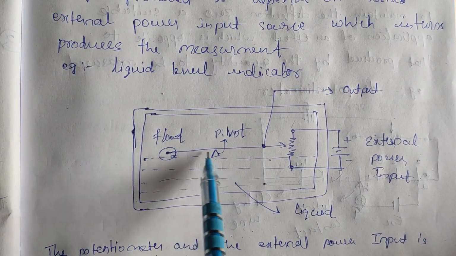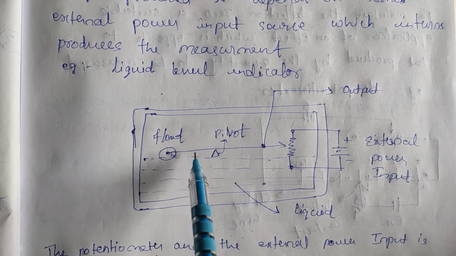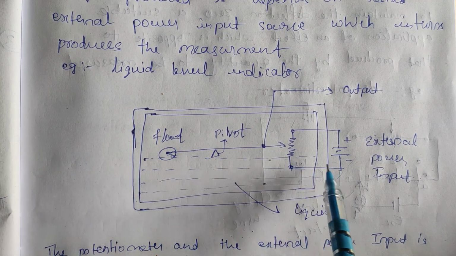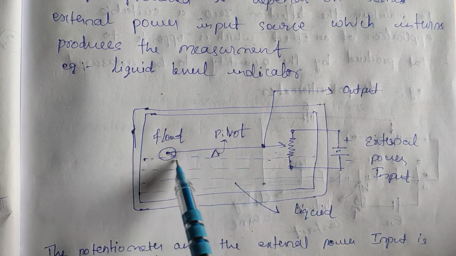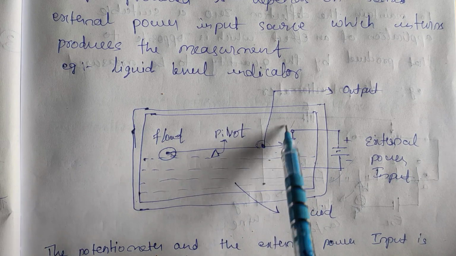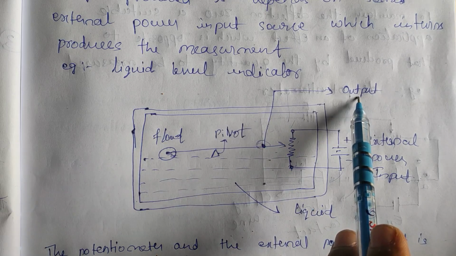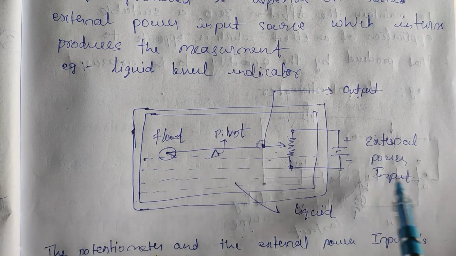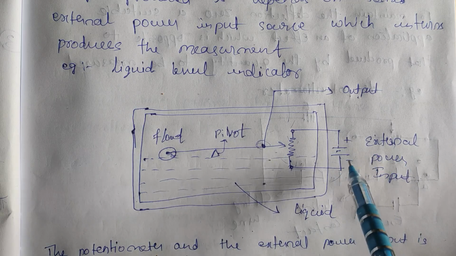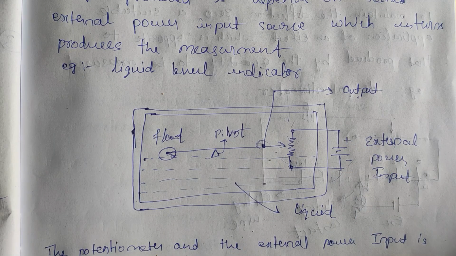So this float senses and moves the slider of the potentiometer, which drives the voltage. So it will use the potentiometer reading, as well as drive some voltage from the external power input. Okay, so in this way it is going to measure its output. Okay, so this is an active measuring instrument.